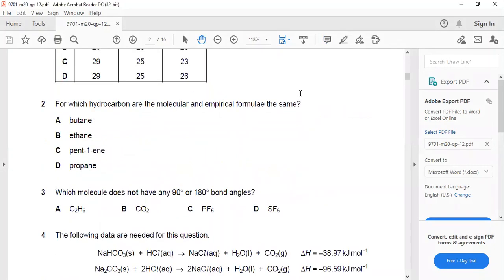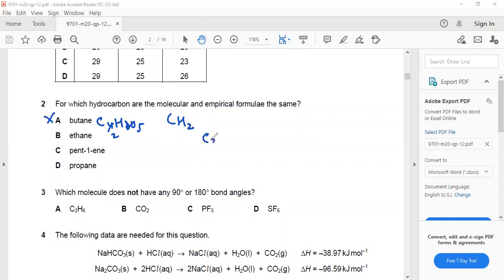Question number 2 is about: for which hydrocarbon are the molecular and empirical formulae the same? Okay, it's very simple. C4H10, so CH2 is the empirical formula. A is wrong.